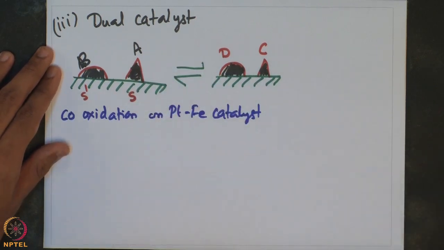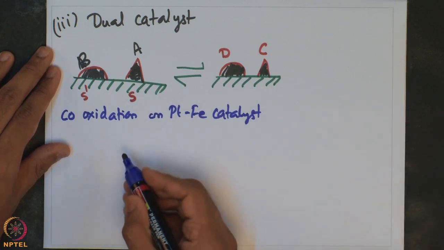Okay. So now I can write the rate expressions for this.